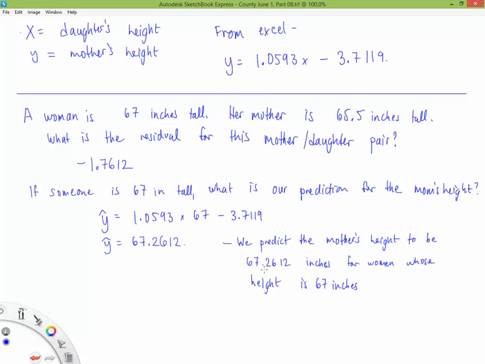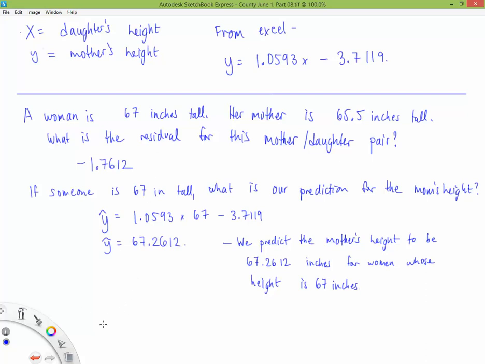I want to make sure this statement makes sense to everybody. Any woman who's 67 inches, our prediction for their mother's height is going to be the same, 67.2612. But we know that that doesn't explain everything.